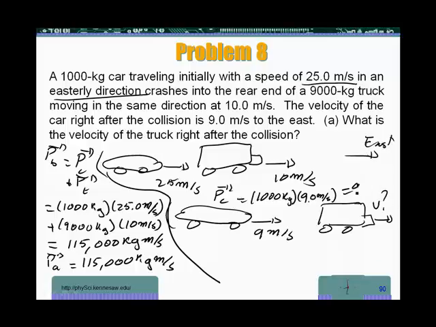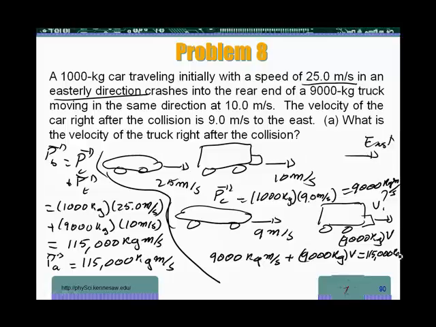So it is 9,000 kilogram meter per second. The momentum of the truck is just the mass of the truck, 9,000 kilograms, times my unknown v. The sum of these, 9,000 kilogram meter per second, plus 9,000 kilograms times v, should be equal to my combined momentum after, which is 115,000 kilogram meter per second.